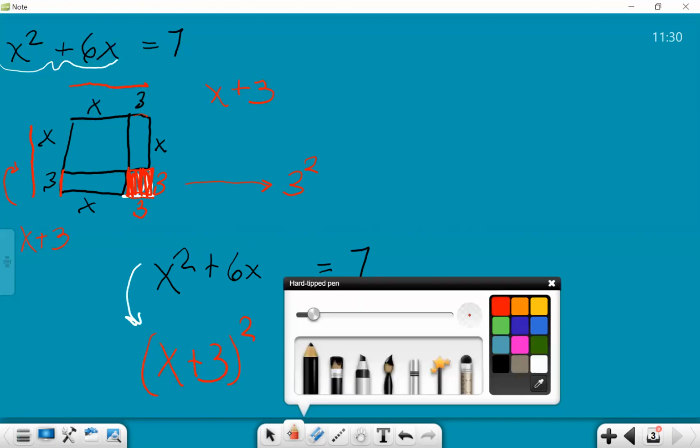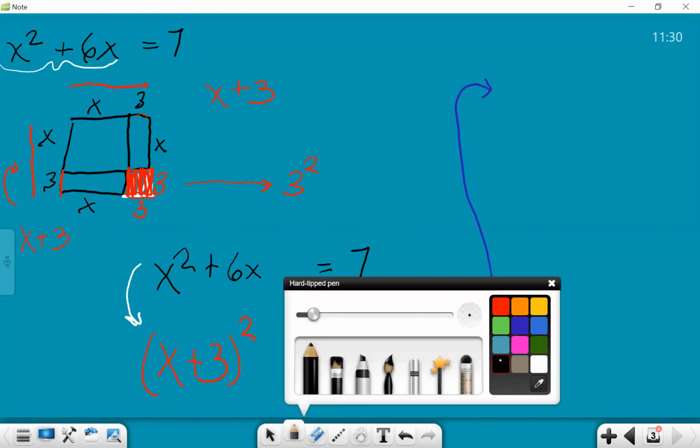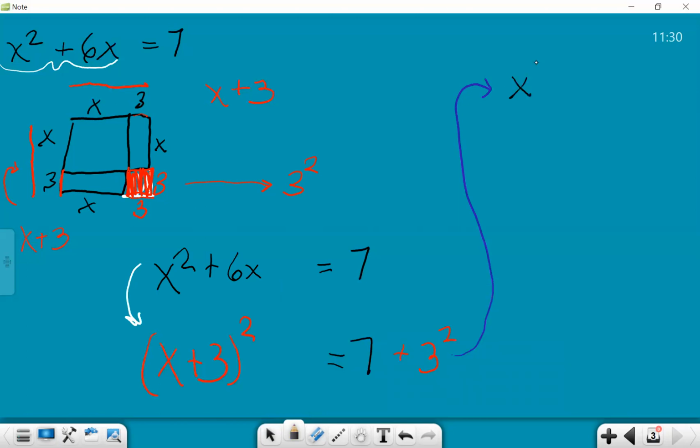So now, where originally I was looking at the equation x squared plus 6x equals 7, now I'm looking at the equation x plus 3 squared equals 7 plus the area of the new little square, 3 squared.